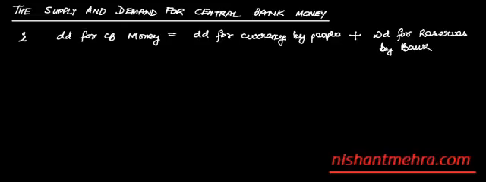So who is going to demand central bank money? People and banks. People will demand central bank money for currency purposes, while banks will demand it for reserves purposes.